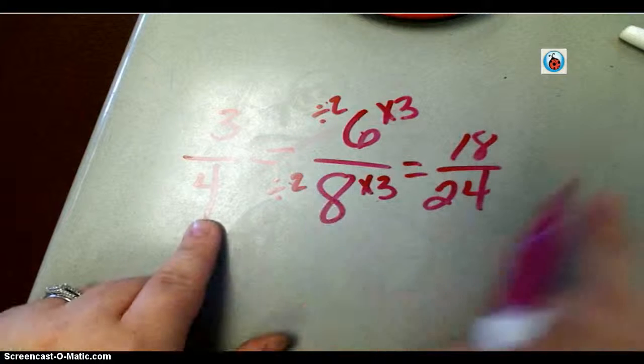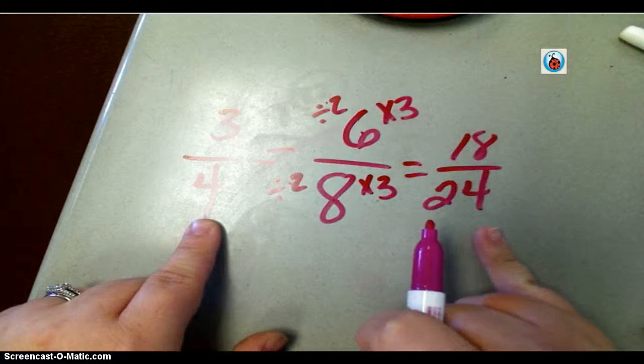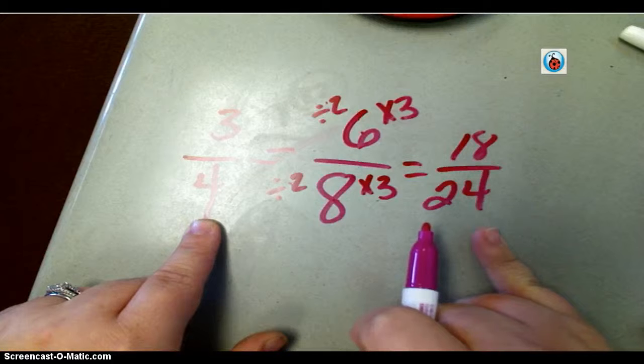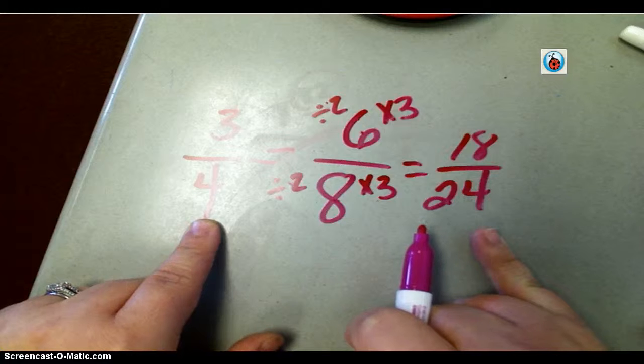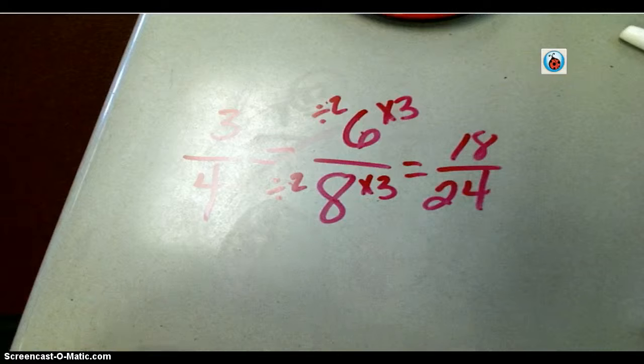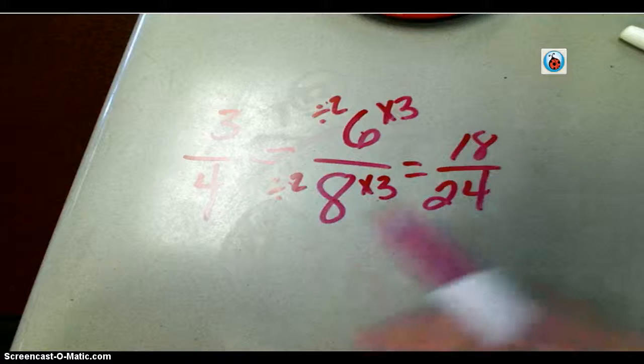Is 3/4 equal to 18 over 24? Yes. Verify it. Prove it. Raise your hand. Tell me how. Using what you know about equivalent fractions, Hope. Yeah. She used division.